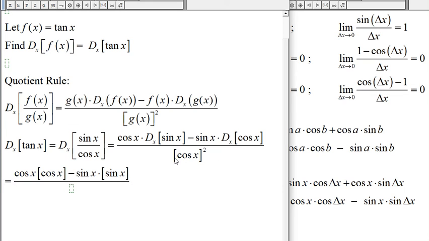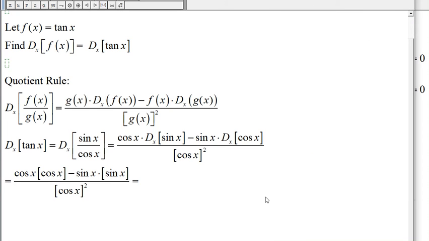And then the bottom here, we just have cosine of x squared. This is cosine of x times cosine of x. So we have cosine of x squared.